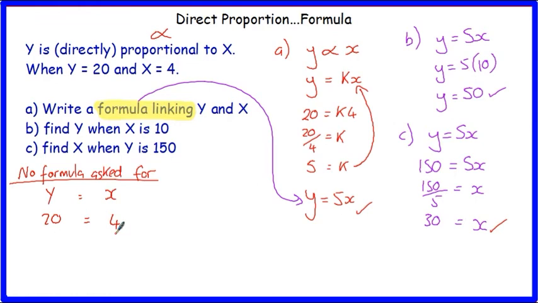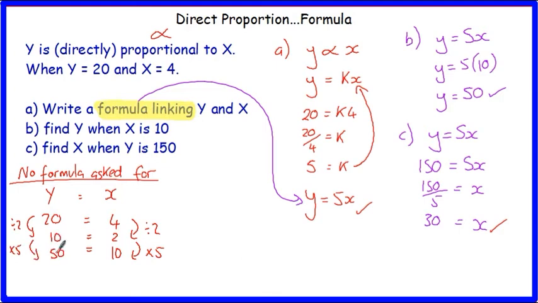You're asked to find when x is 10. Now what I'm going to do there is I'm going to find 2, and that is going to be divided by 2 and multiplied by 5, and that's what direct proportion is, of course. Divided by 2 times by 5 is 10 and 50.